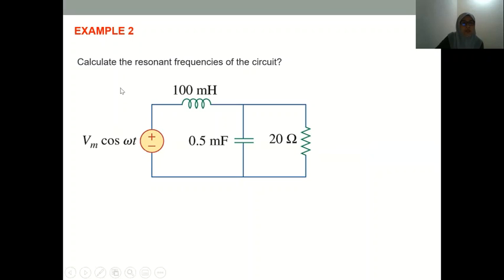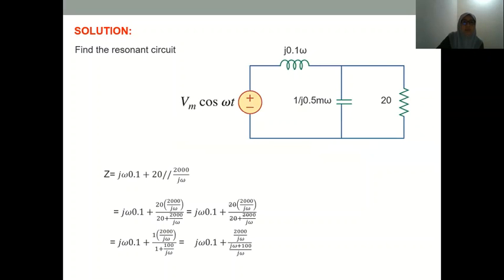You have to calculate the resonant frequency of the given circuit.